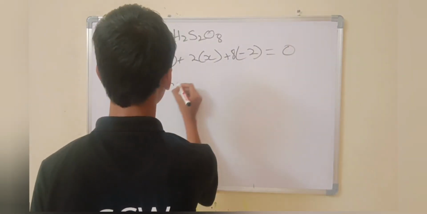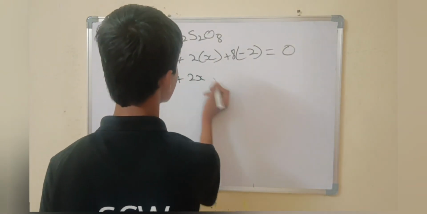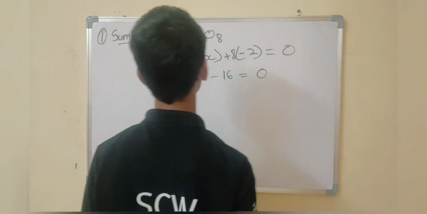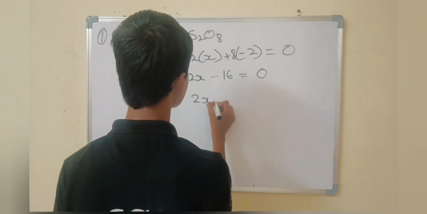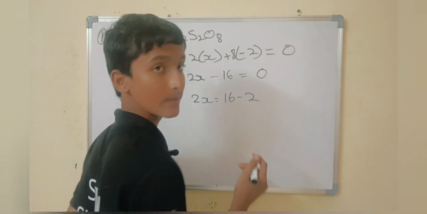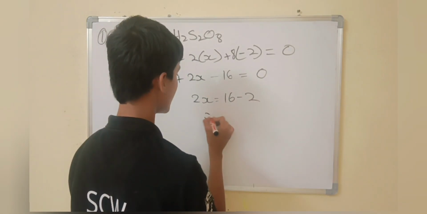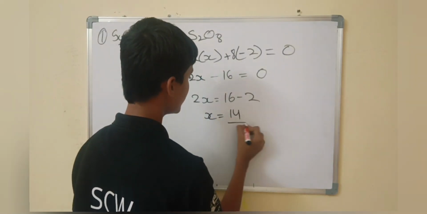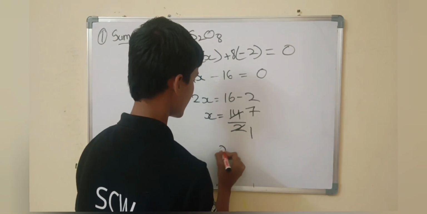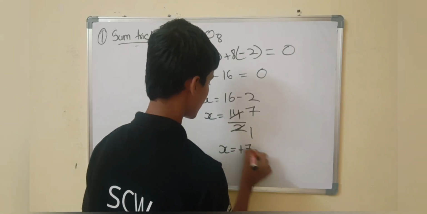Now, 2 plus 2x minus 16 is equal to 0. 2x is equal to 16 minus 2. X is equal to 14 by 2. 2 sevens are 14. X is equal to +7.